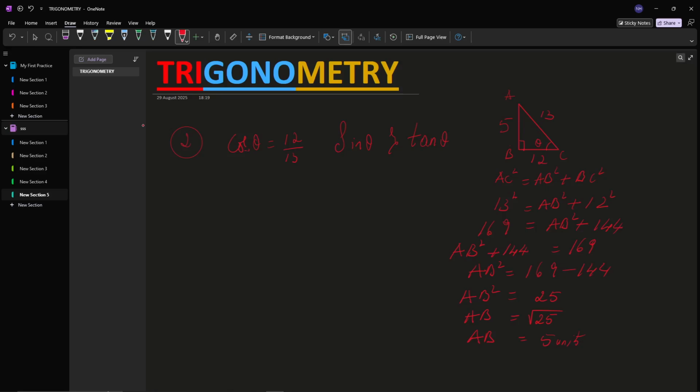Now we are asked to write sin theta. Therefore sin theta is equal to opposite by hypotenuse. What is opposite? 5. Hypotenuse is 13. Next we are asked to write tan theta. So tan theta is going to be opposite by adjacent. That means it is 5 by 12.